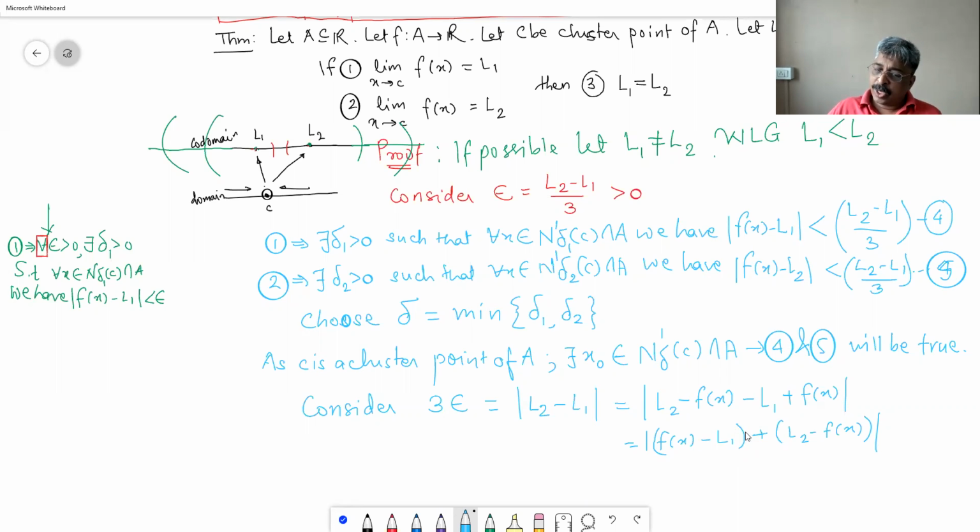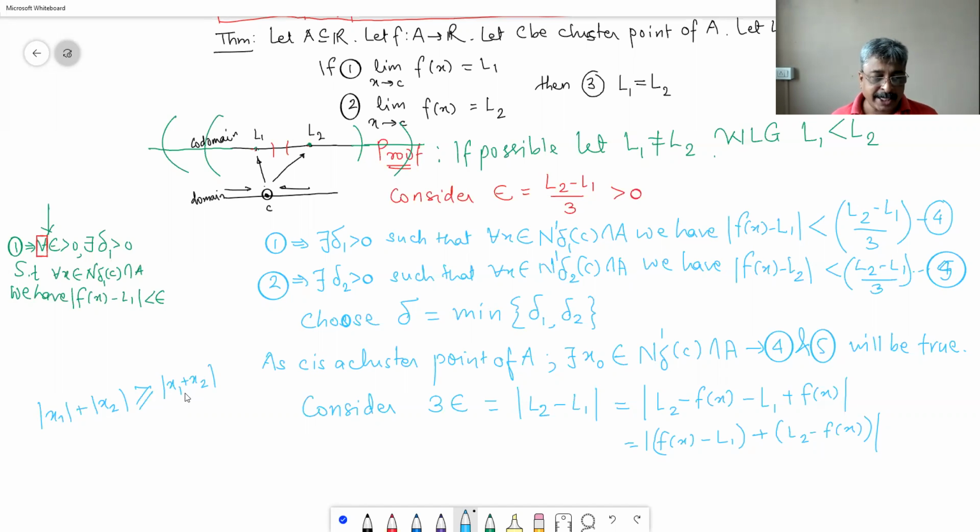So absolute value of x1 plus absolute value of x2 is greater than or equal to absolute value of x1 plus x2. This is the triangle inequality that we have studied many times. In complex numbers, we have proved something like this: the sum of the two sides is always greater than the third. So the inequality is going to be like this. Do you agree with me?